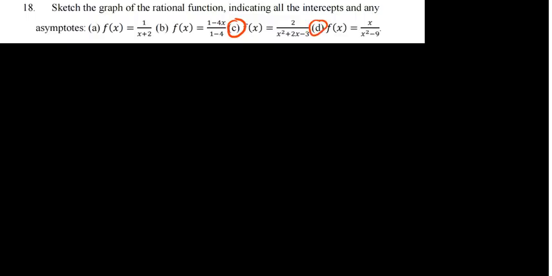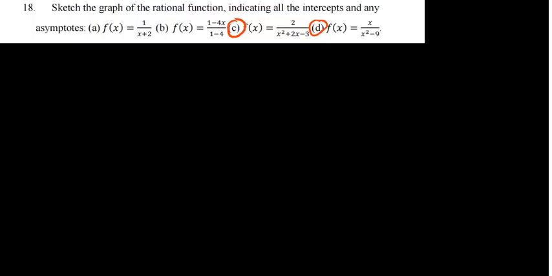Rational function. When you are graphing rational functions, you need to know how to find the intercept. You need to know how to find the domain and the range. Anyway, you need also to know how to find the asymptote. So let's start with how do we find the domain.